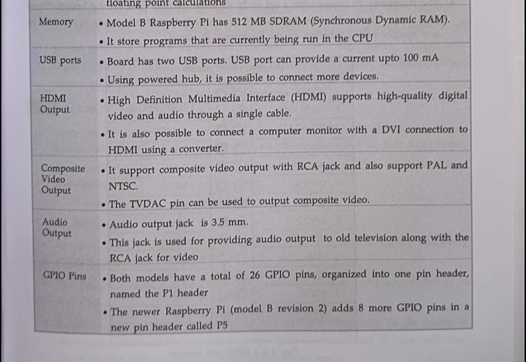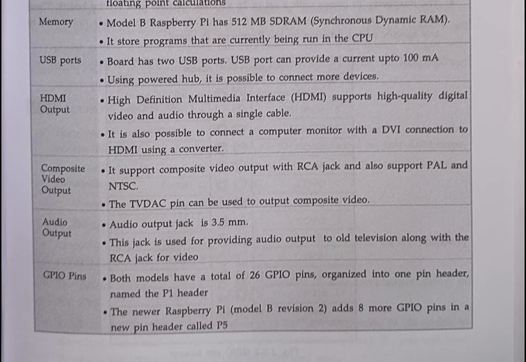We have a 3.5 mm audio jack, and this jack is used for providing audio output to an old television along with the RCA jack for the video. Whenever we use the RCA jack for video, we have to connect the audio jack with the TV, because in HDMI we have both audio and video, but in the RCA jack we have only video.